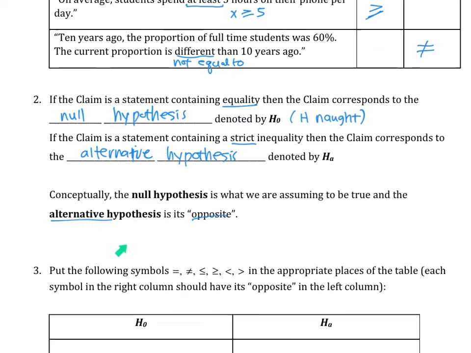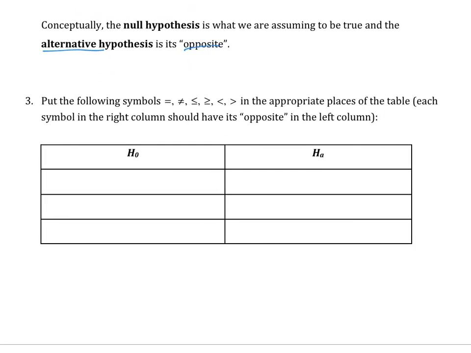So if you look at it in a slightly more detailed way, if I look at equal, what's the opposite of equal to? Well, it's not equal to, right? So that's that. So let's say we have less than or equal to. Again, what's the opposite of less than or equal to? It will be bigger than something, right? So that'll be this symbol.